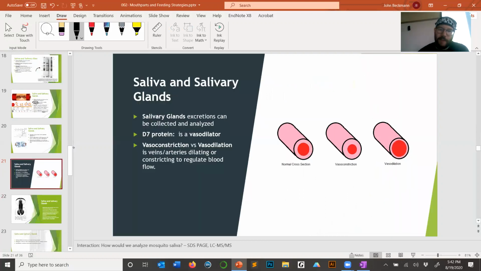Mechanism. If you haven't had physiology, you should know that your blood vessels, your veins, your arteries, your capillaries, are all surrounded by muscles, okay? And the muscles can squeeze, and if the muscles squeeze, the diameter of the tube gets smaller, and this is called vasoconstriction.